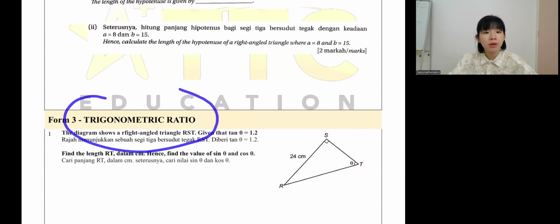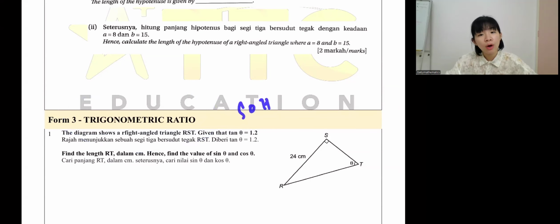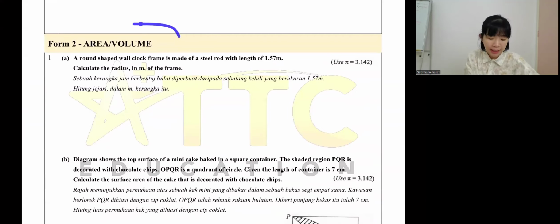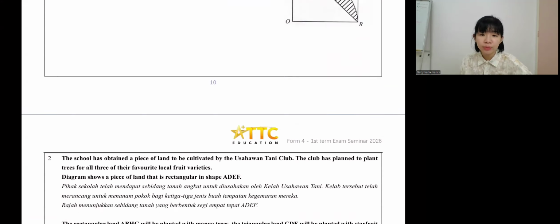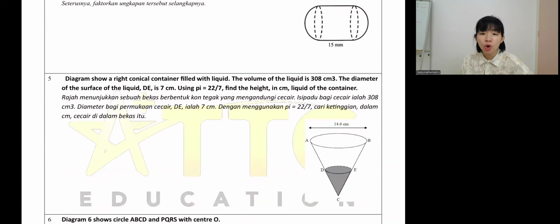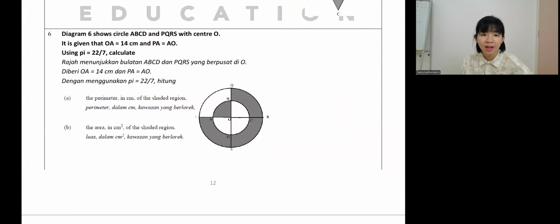This topic, trigonometry, the sine, cosine, tangent thingy. Next important topic, area and volume. This topic you learn in Form 2, 2 pi r squared, and then we have volume, which is cylinder, hemisphere, cone.